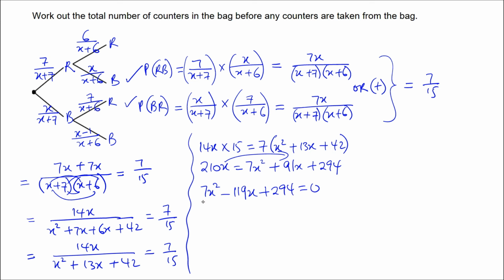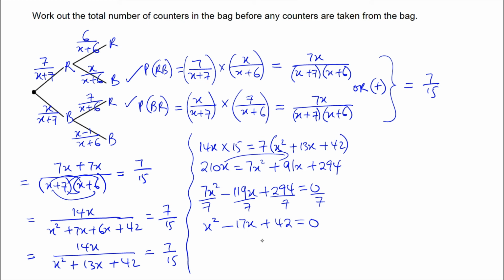Now at this stage you can simplify our quadratic equation by dividing each side by 7. So we shall end up with x squared minus 17x plus 42 equals 0. Now we can factorize this quadratic equation. To factorize it, you can just draw a factor tree.